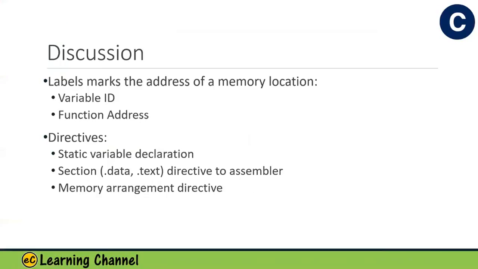The .data and .text are directives to the assembler, telling it, right here I have the instruction section, or I have the data section. Memory arrangement actually helps to arrange the structure or something else.